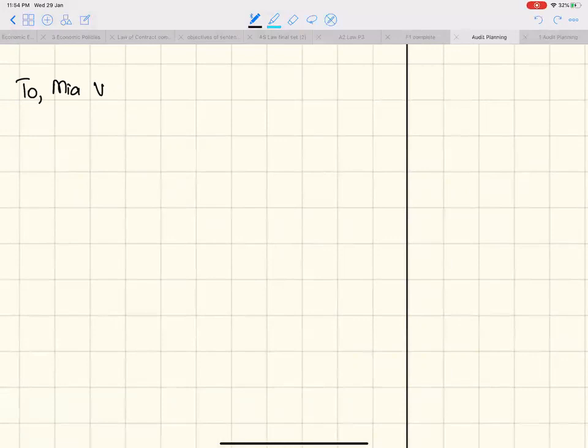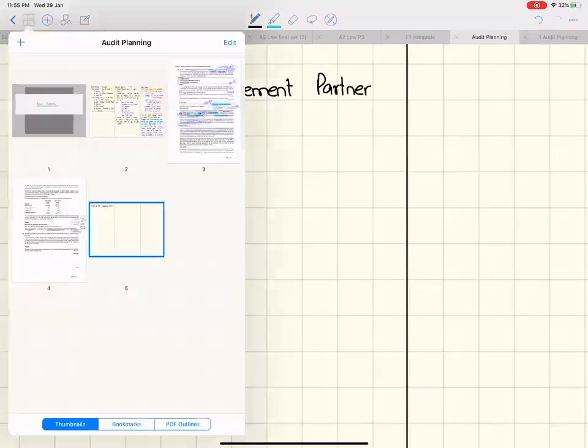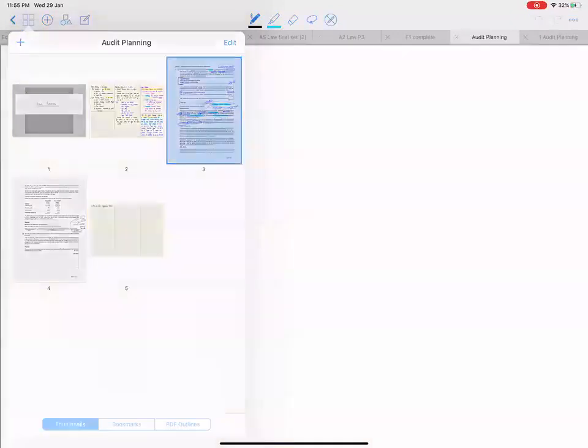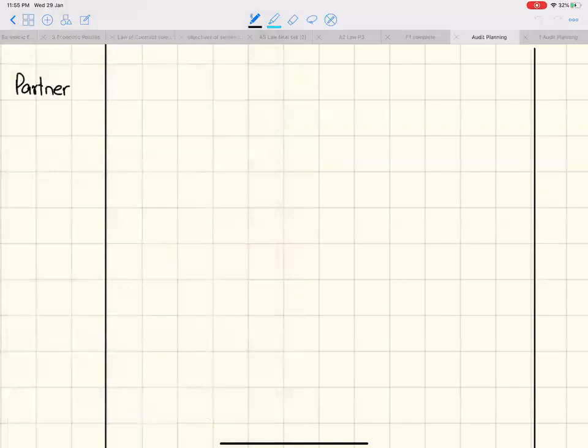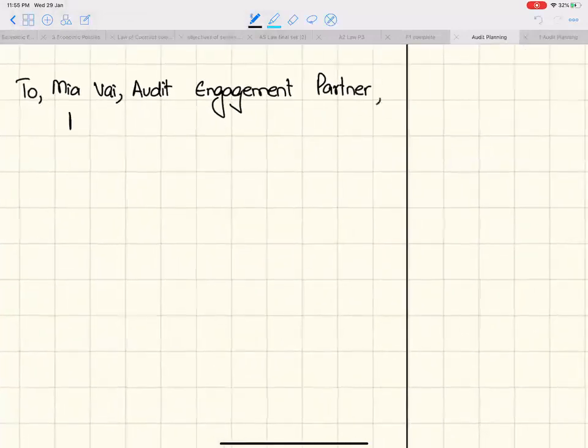We are replying to Miyawai, who is the audit engagement partner for Fu and Company. Just replicate it. Fu and Company.